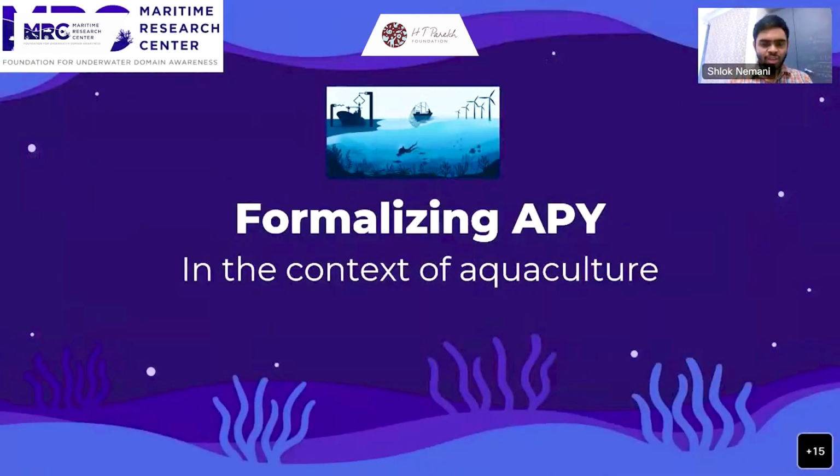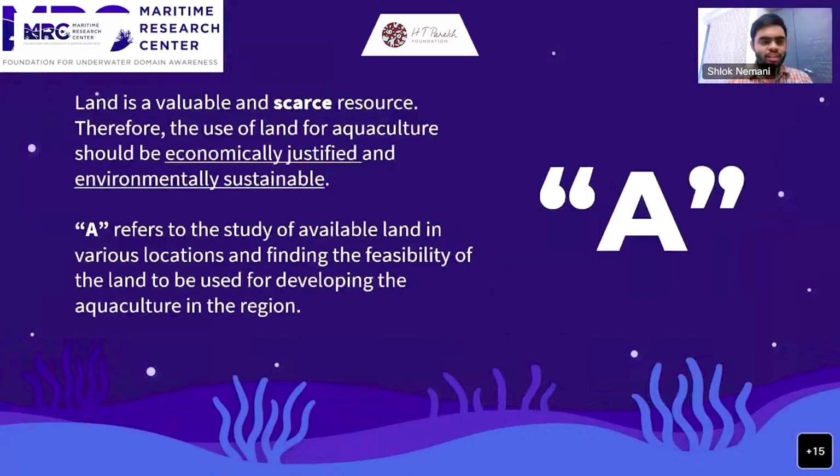Now let's formalize APY briefly. A is the land, which is a valuable and scarce resource. The use of land should be economically justified for the stakeholders, as well as environmentally sustainable, in order to meet the UN SDG goals.